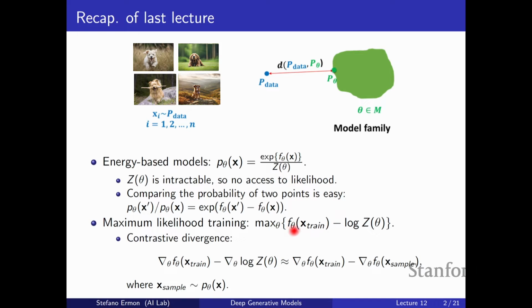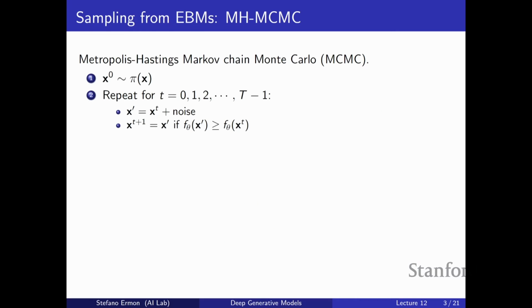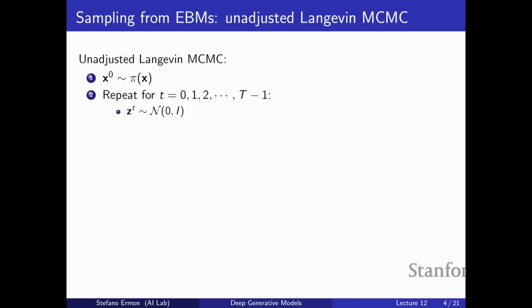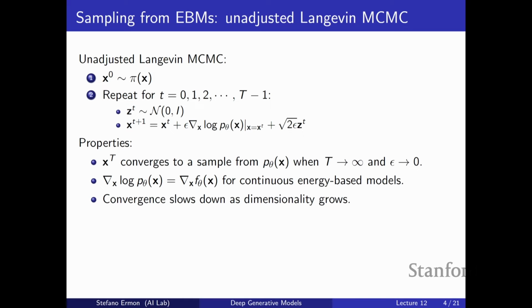The log likelihood is f theta minus log Z, which is just the log of this expression. Now, if you take the gradient with respect to x of this, log Z theta does not depend on x, so it's 0 and it drops out. And so that's why this is true.